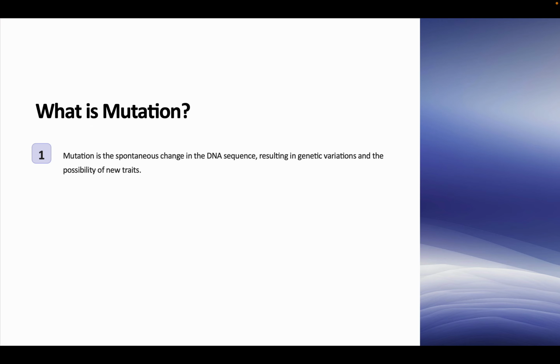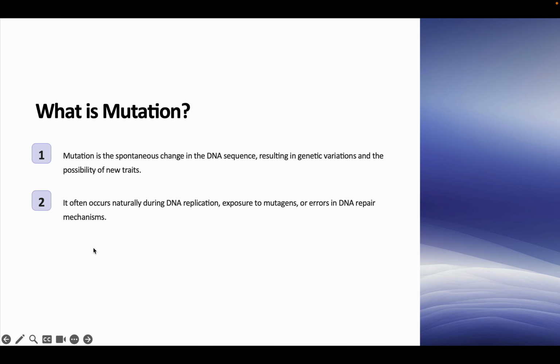Because some of the mutations are silent mutations, which means the mutation is there, but the protein remains the same. So the possibility of new traits is very less. But sometimes the mutation is in a major region, which can change the protein, and we can see new traits.